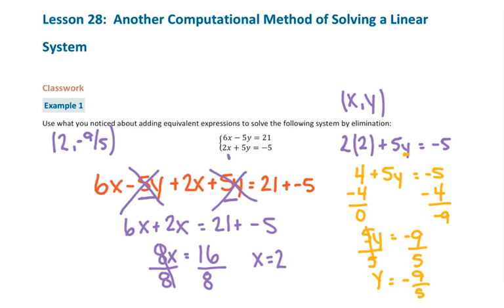So I'm just going to write right here that negative 9/5 is negative 1.8. So I'm looking for my lines to cross around negative 1.8, somewhere between negative 1 and negative 2 on the y-axis. So that's what I'm looking for. So I'm going to flip ahead to the next slide, and we're going to graph these two equations.